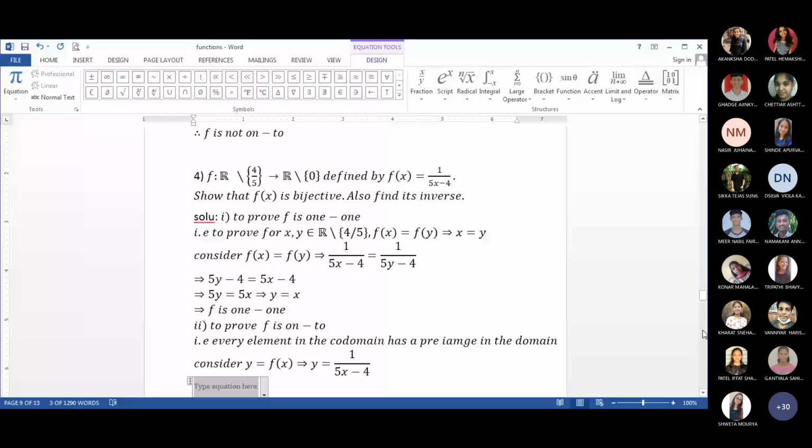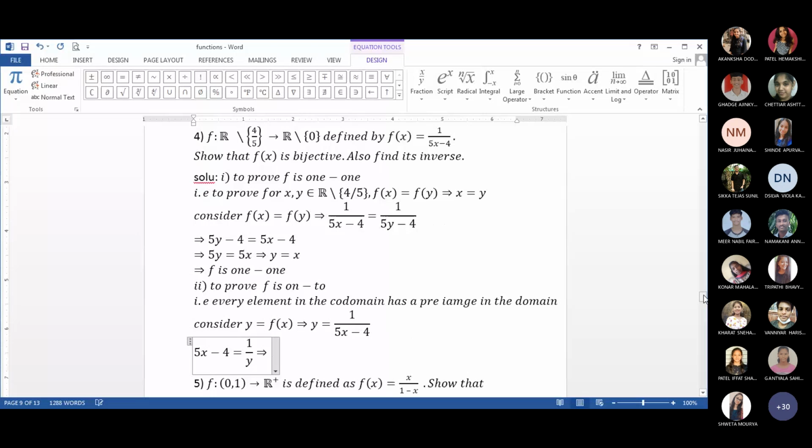So I have y is equal to 1 upon 5x minus 4. So 5x minus 4 can be written as 1 upon y, by cross multiplying. Now using basic arithmetic properties, we will express x in terms of y.